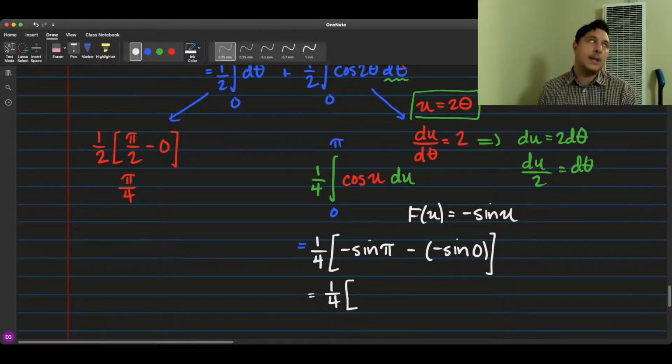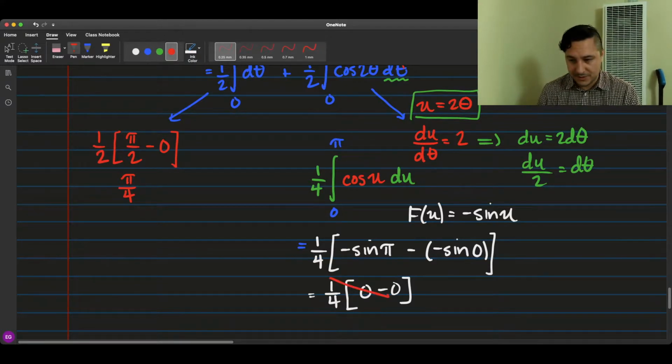So sine of pi is 0. And sine of 0 is also 0. So you get 0 minus 0 times the 1/4, which just goes away.